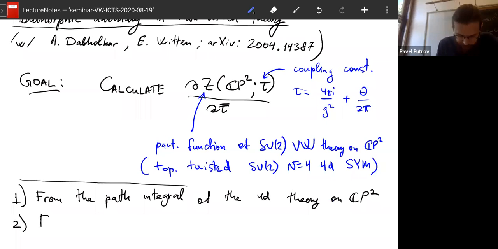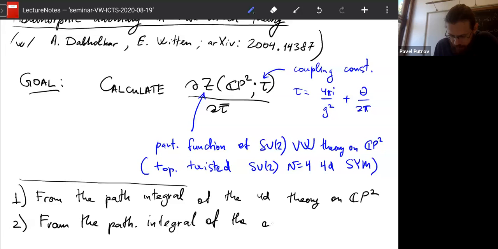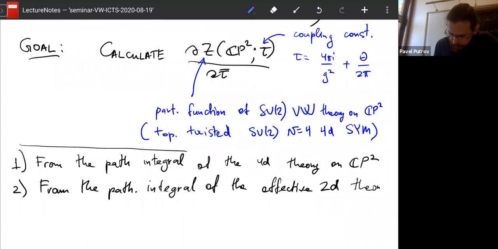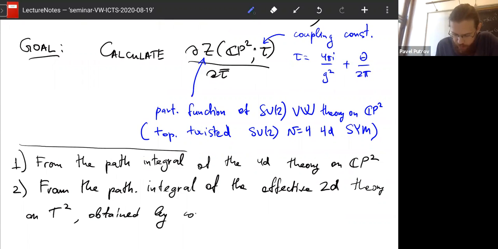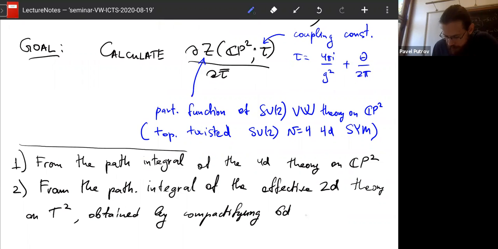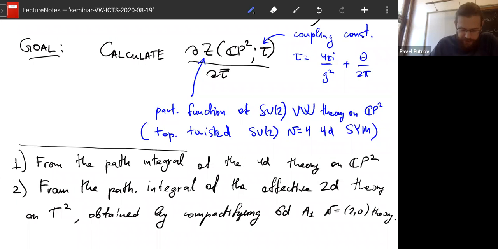And the second way is to calculate it from the path integral of an effective two-dimensional theory on a two-torus, which is obtained by compactifying the six-dimensional type A1 (2,0) theory.